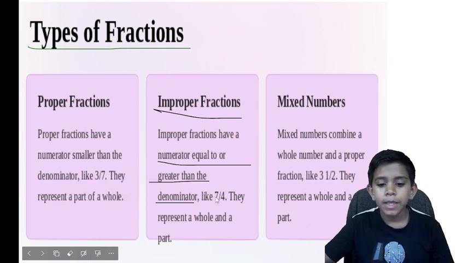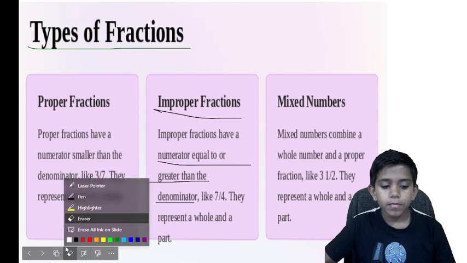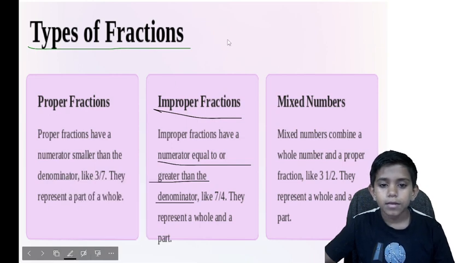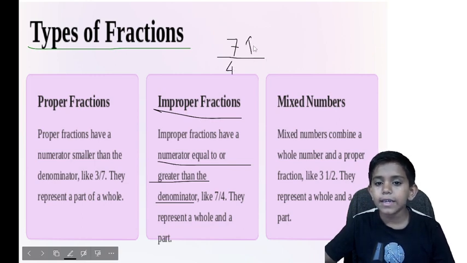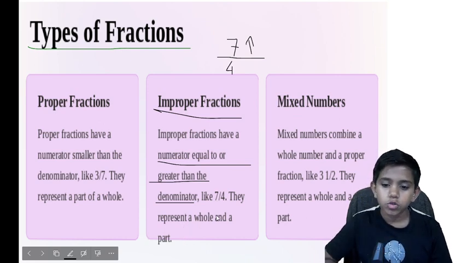Example, let's see, 7 by 4. 7 by 4 means 7 is greater than 4, so it is called an improper fraction. They represent a whole and also a part.